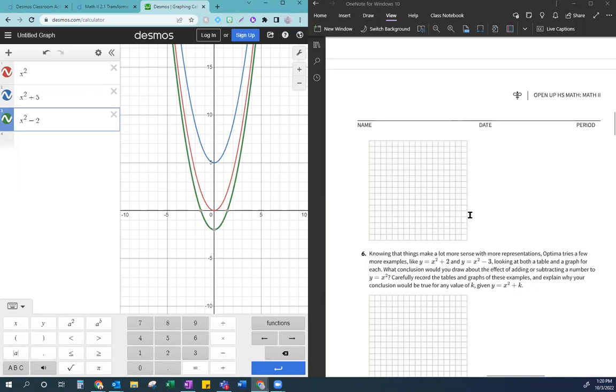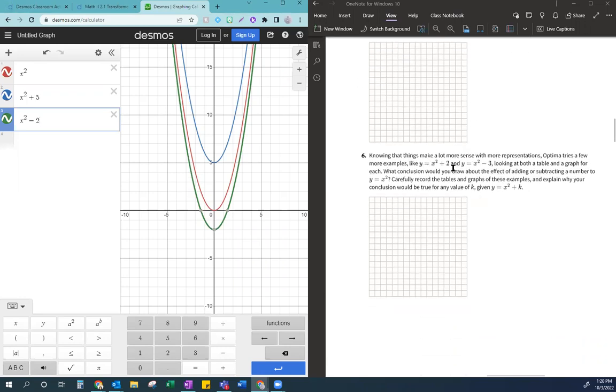Okay, so I'm going to move on to this next one. It says, knowing things make a lot more sense with representations. Optimus tries a couple more examples: x squared plus 2, x squared minus 3. Looking at the graph, what conclusions could you draw? You guys just did this. Carefully record them. And then what about for k? So what is that k in charge of? In the chat, can you tell me what this k is in charge of?